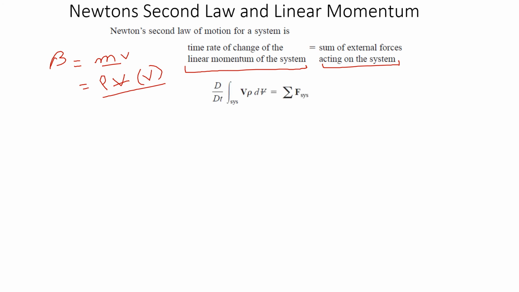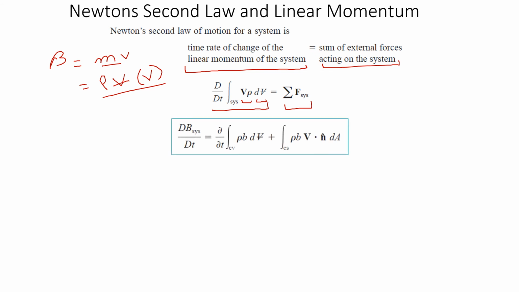So this is what this statement represents: the time rate of change of linear momentum, this right here, is equal to the sum of the external forces. So now with the help of this equation, we can also take into account the forces that are actually acting on our system or the control volume. This is how it was represented in the Reynolds transport theorem.